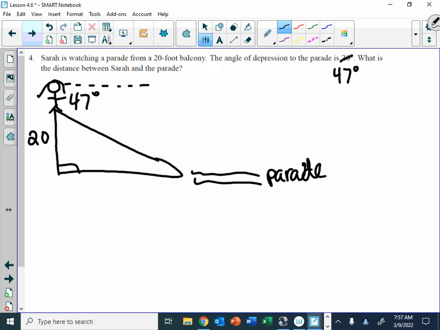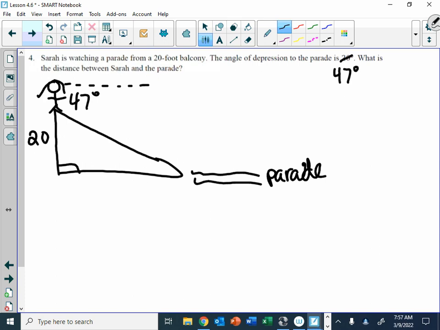Is Sarah on ground level with them? No. Think about that last problem with the turtle. The snorkeler was above the turtle, and I wanted to know how far away she was from the turtle. Which did I use? Hypotenuse. You can't use the ground unless she's on ground level with them.